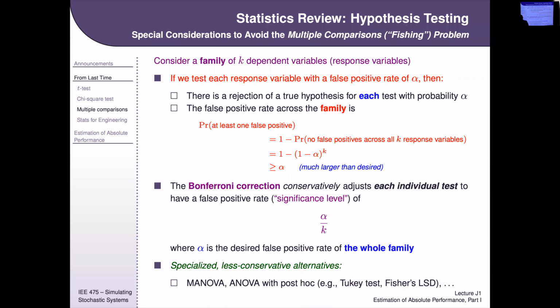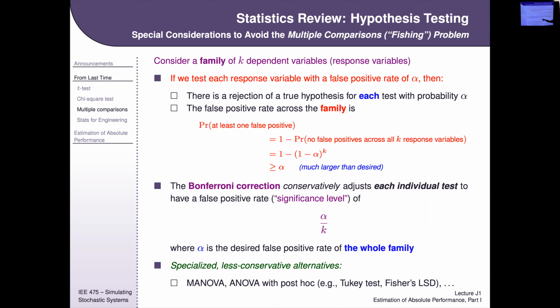I want one false positive rate for my entire test of whether my base case is better or worse than my hypothetical case. So how do I ensure that the upper bound on this is going to be alpha, my desired false positive rate? The way I do that is I divide the alpha for each individual test I do for each response variable by the number of tests.